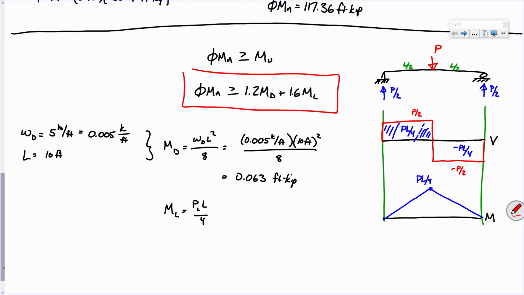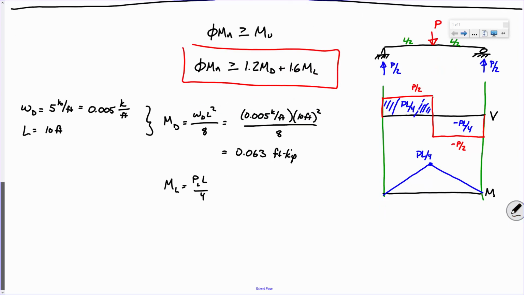We'd say, all right, phi Mn minus 1.2 MD over 1.6 has to be greater than or equal to ML, right? Not PL. I'm getting ahead of myself. So far, so good?